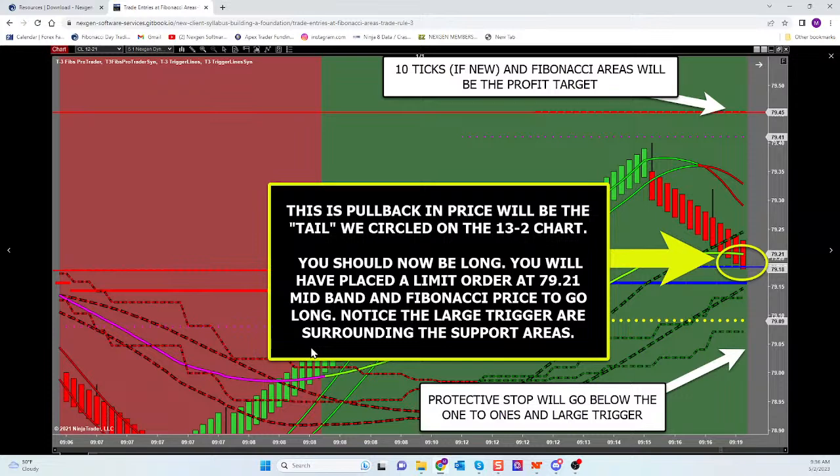Being sure that there was absolutely nothing in the way so that we didn't have no clear path. And then finally, activating a limit order for that highest point of support for a long, a tick or two above the area, inside of favorable large triggers, guys. And if the market pulls back to that 79.21 area, you're in a long position with all of those advantages.